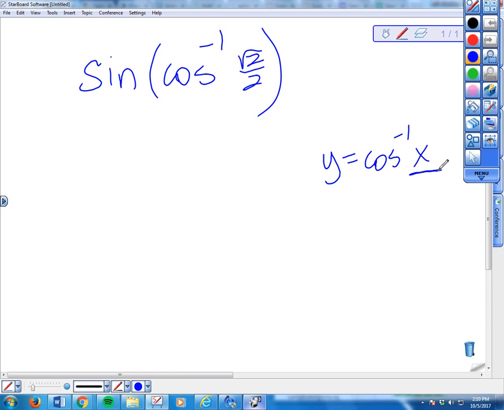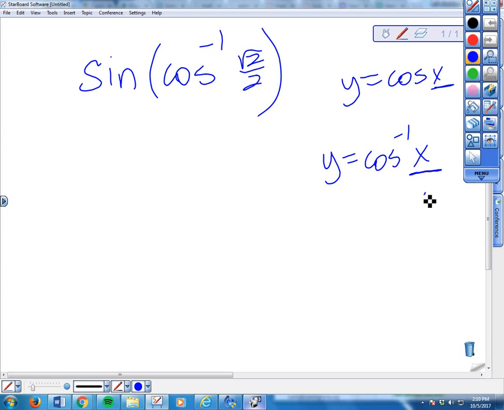An angle or a value? Let me back up, since I can see confusion. What does this represent? An angle or a value? An angle. So when I take the inverse of it, I replace x and y and solve for y, and I get this. Where's my angle, x or y? Y. Yeah. This is a value.